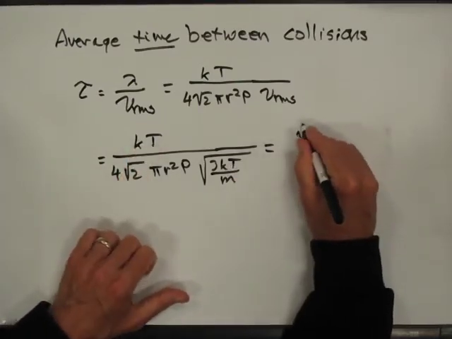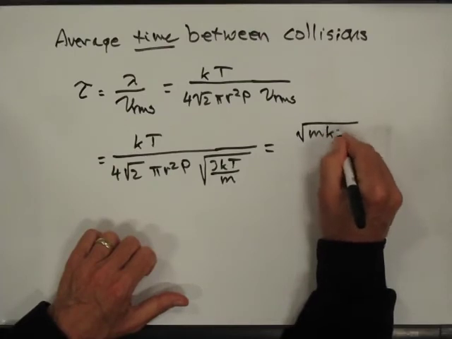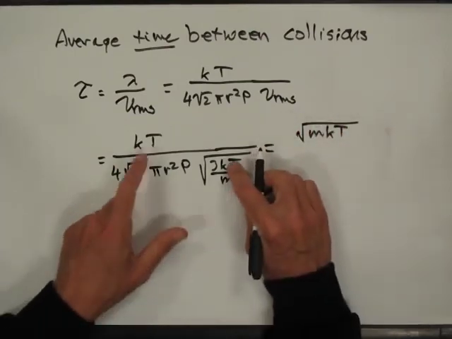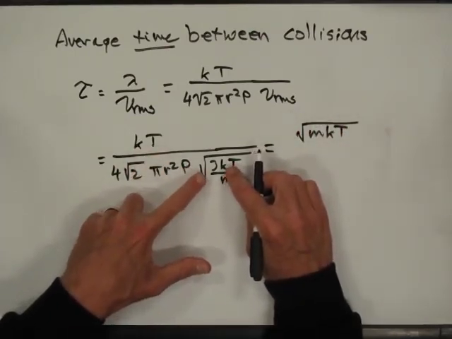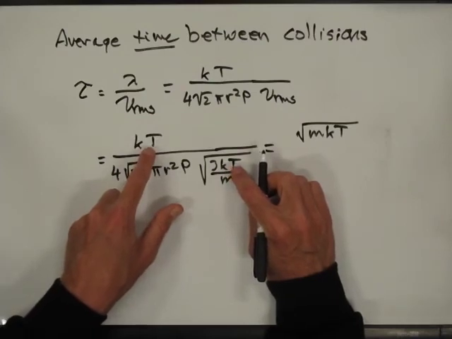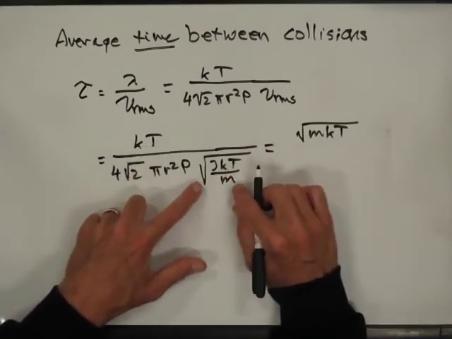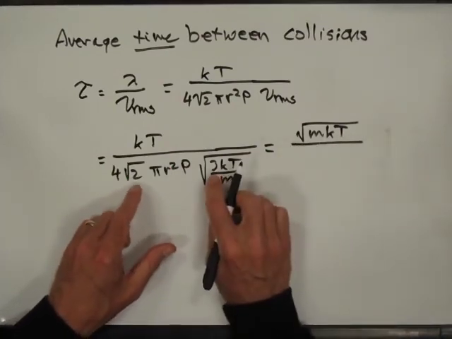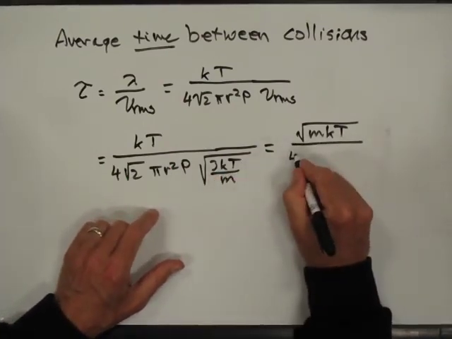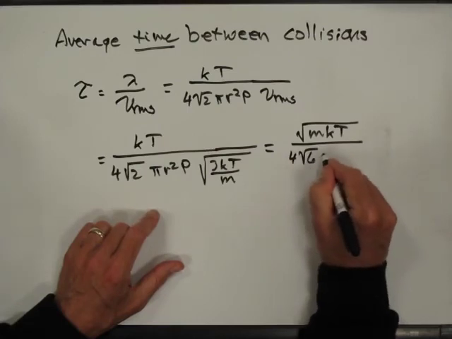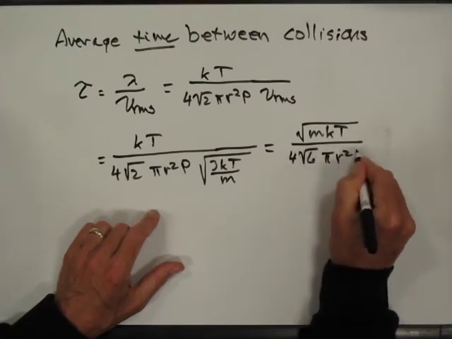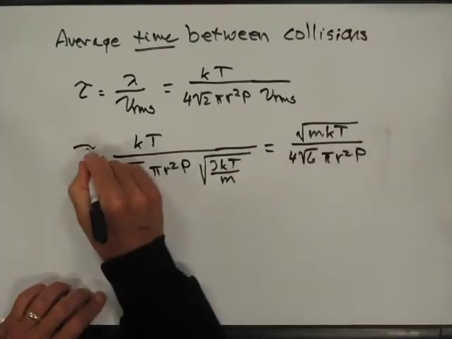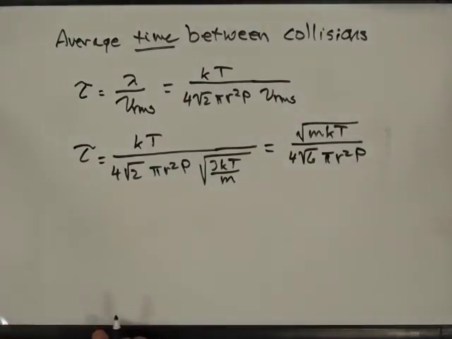I could say it's the square root of mkT, right? Because the square root of kT in the denominator and the kT in the numerator gives you a square root of kT in the numerator. The m goes up into the numerator. I can combine the square root of 3 with the square root of 2, and I can say 4 times the square root of 6 pi r squared times the pressure, and that's the mean time between collisions.